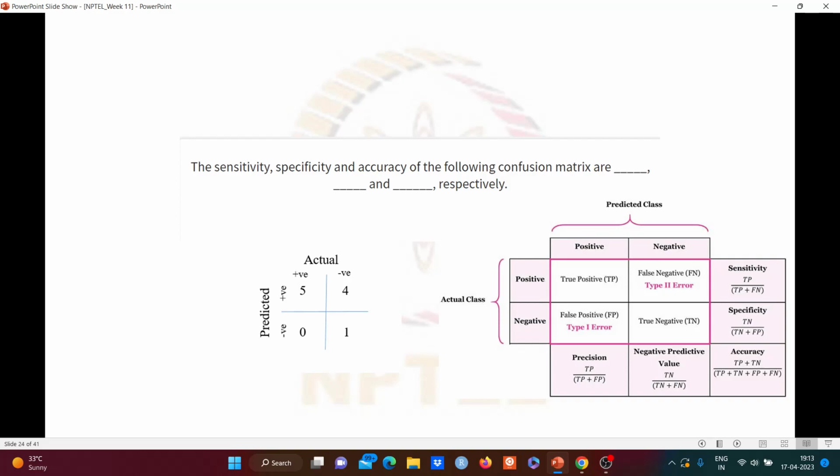Before answering this question, take care whether the rows are predicted or the columns are predicted, and then select false positives and false negatives. In the confusion matrix, actual values are represented in columns, but in the image or in the formula table the actual values are represented as rows.